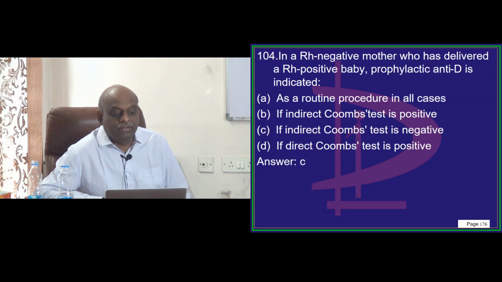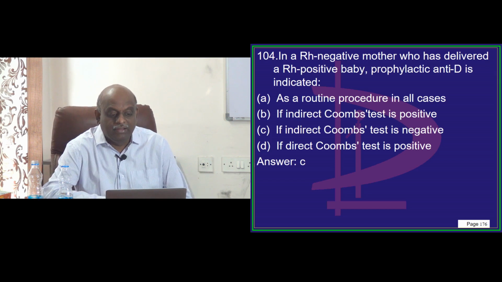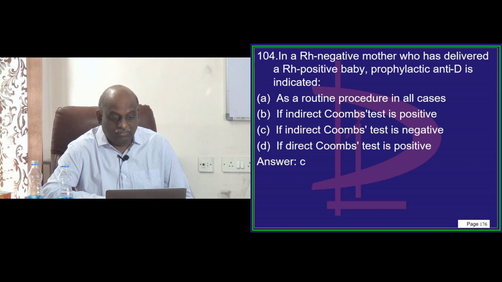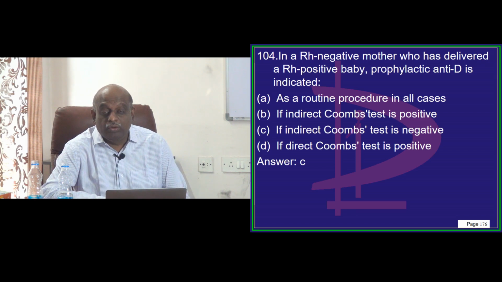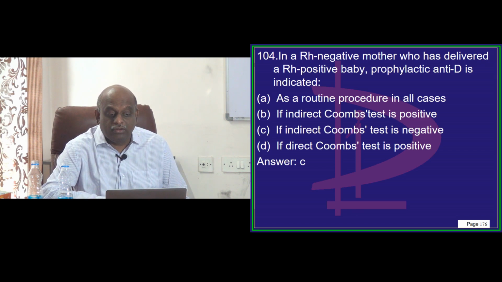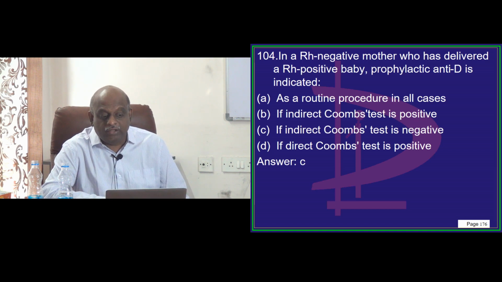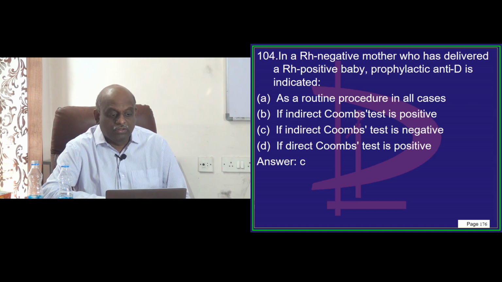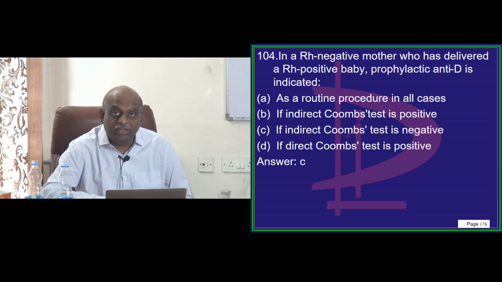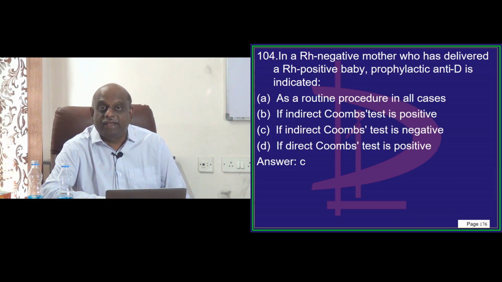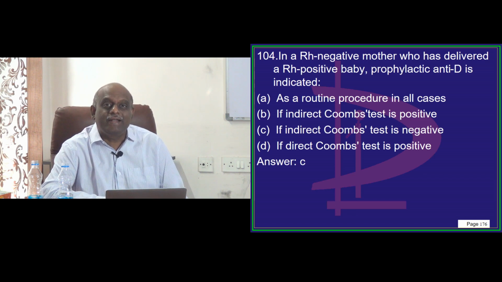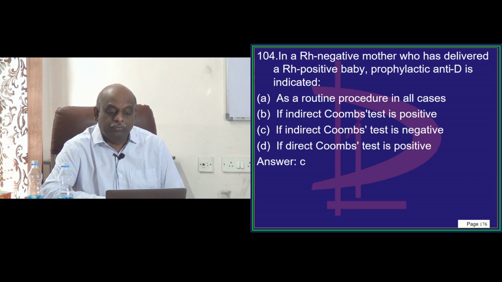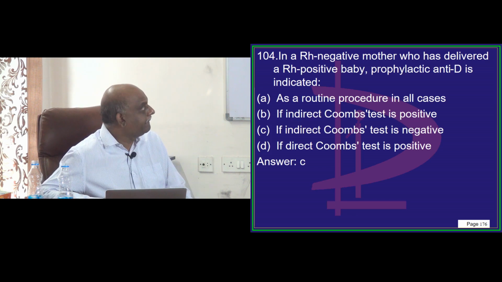Is not a true statement. But it is not a routine. Now, is indirect or direct, which is positive? So, if the indirect Coombs test is negative, then that means sensitization has not yet happened. So, prophylactically you can still give. That is an important question.